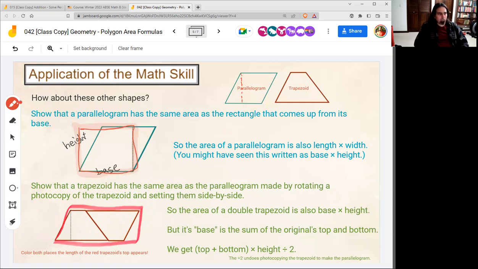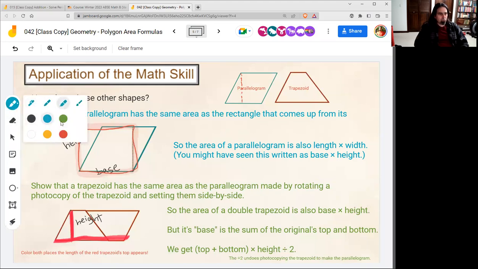We just found out that the area of the parallelogram was its base times its height. The height's not a problem. I'm just going to say height because that was how tall our original trapezoid was. But the base is a little tricky. It has two parts. There's that part, and then there's that part. You with me so far? Yes.